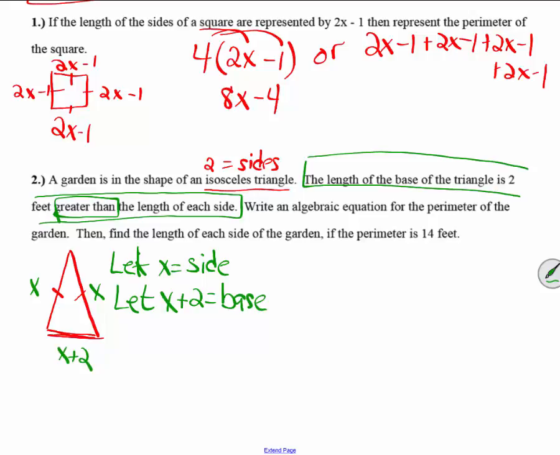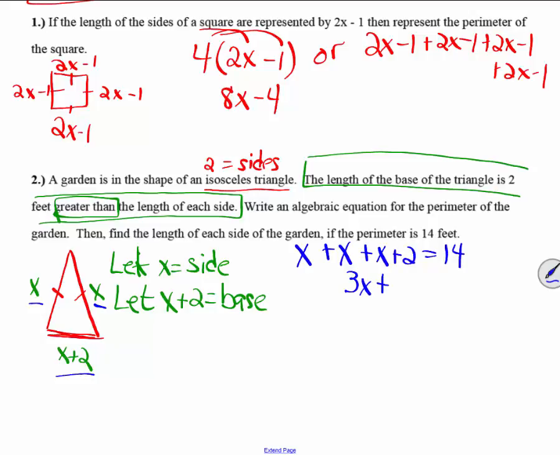Write an equation to find the perimeter, then find the length of each side of the garden if the perimeter is 14. So I know then that when I add up these 3 sides, it has to equal 14. So x, side 1, plus x, side 2, plus the base, x plus 2, has to equal 14.